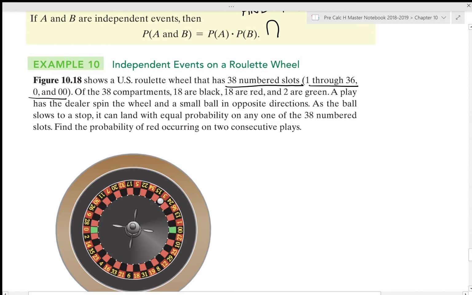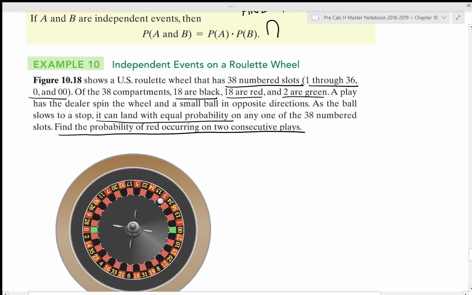Of the 38 compartments, 18 are black, 18 are red, and 2 are green. A play has the dealer spin the wheel and a small ball in the opposite direction. As the ball slows to a stop, it can land with equal probability on any one of the 38 number slots. Find the probability of red occurring with 2 consecutive plays.